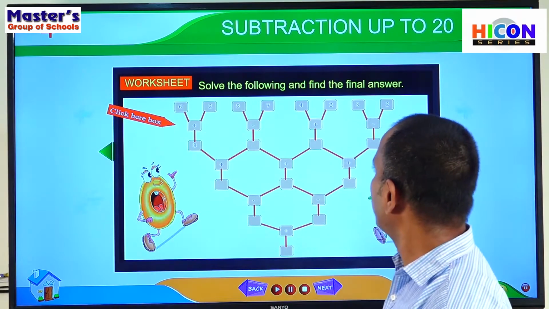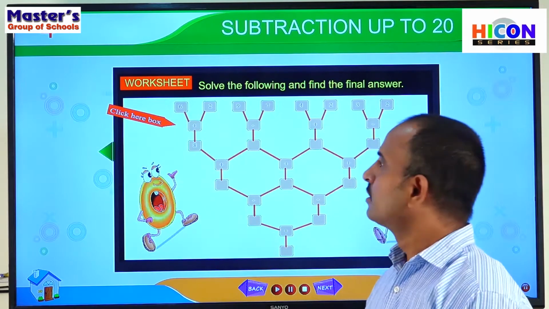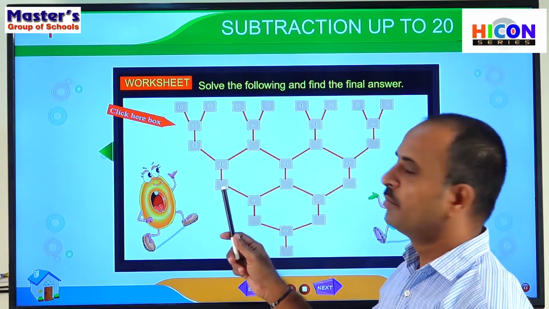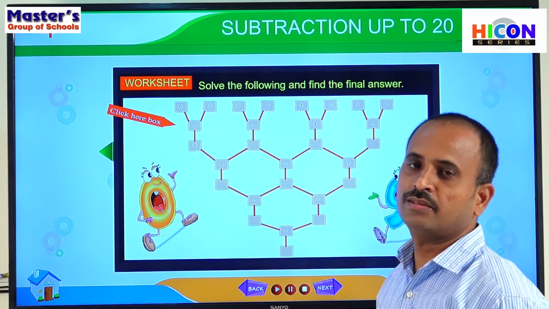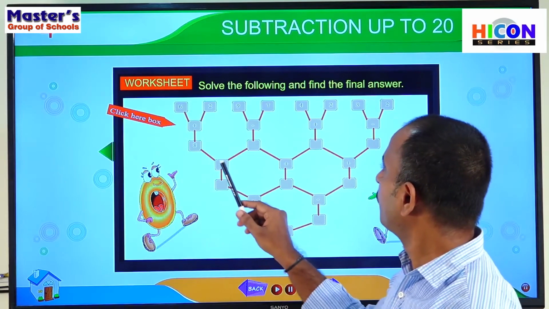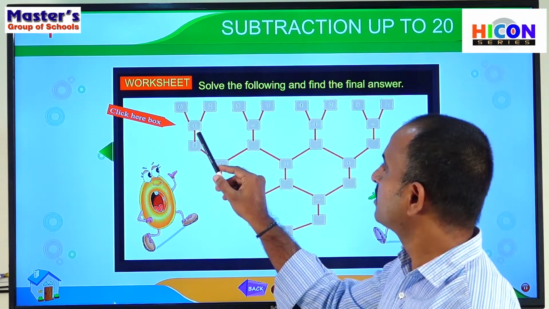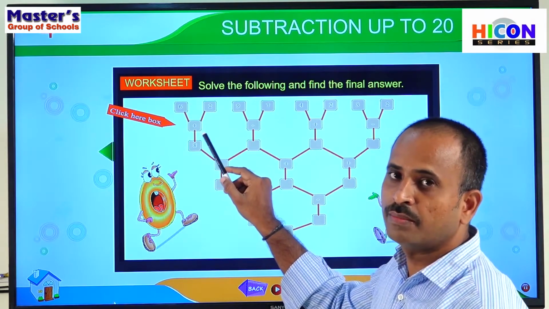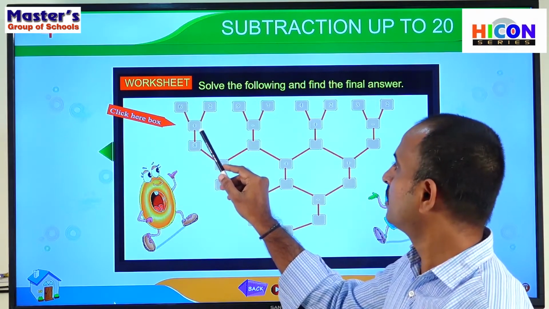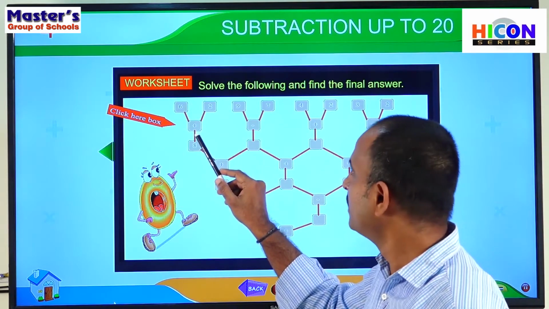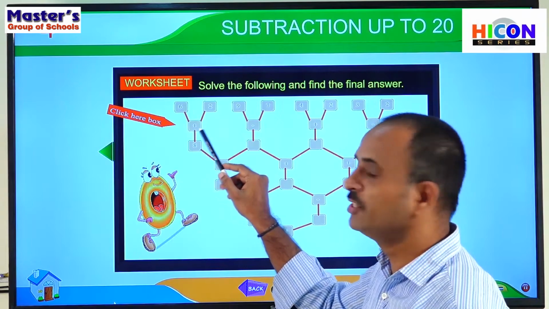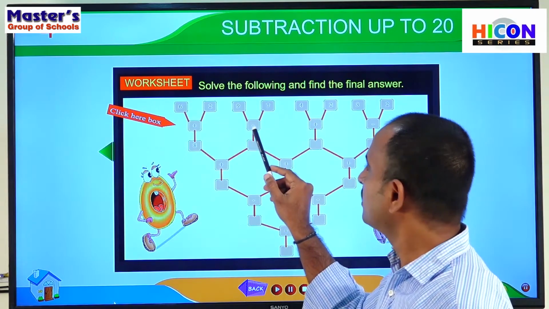So if you observe carefully, this worksheet is based on both addition and subtraction. Because observe carefully the symbols. So what is this symbol called? Do you remember it from the previous chapter? The symbol is called plus. That means we have to do addition. So what is this symbol called?